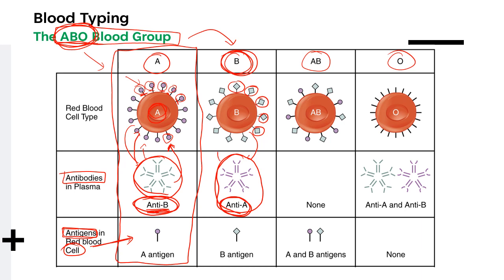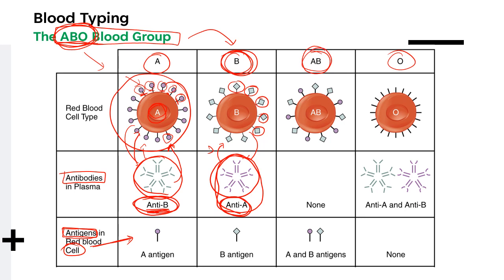Because you have B antigens, those antibodies will not react against you. But if you introduce, for example, a red blood cell like this one here into the patient's blood, these antibodies that are already there are going to react with the antigens and will cause a reaction that is called agglutination, which we're going to review in just a minute.